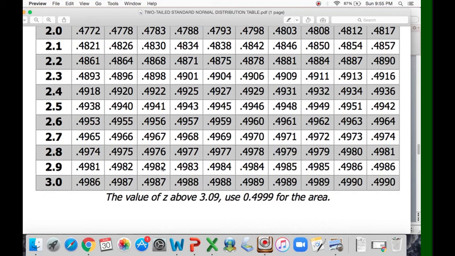Hindi mo sila i-divide by 2, kasi pareho lang silang ng area. Okay? O halimbawa, itong 0.4985, dalawa din. So, dalawang beses mo lang siyang susulat. Yung 0.4986, tatlo. So, tatlo yung answer mo dyan. The answer is 2.98, 2.99, and 3.00. Yun yung answer mo sa z-score kapag tinatanong ang z-score at given ang area.